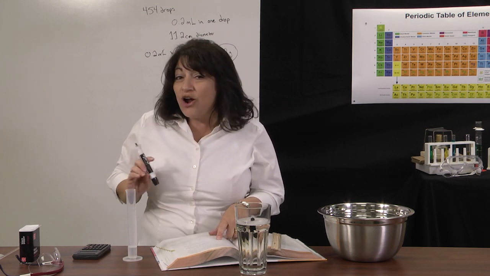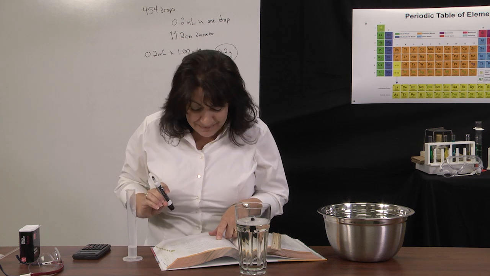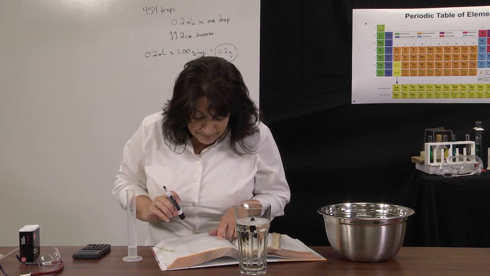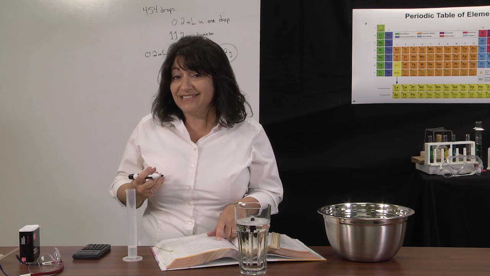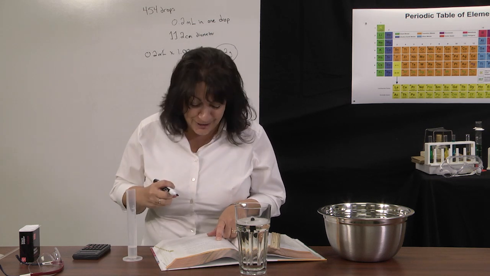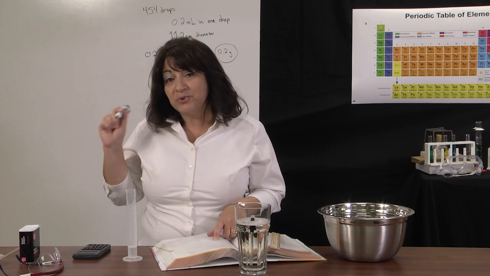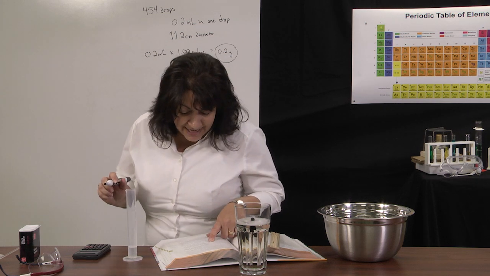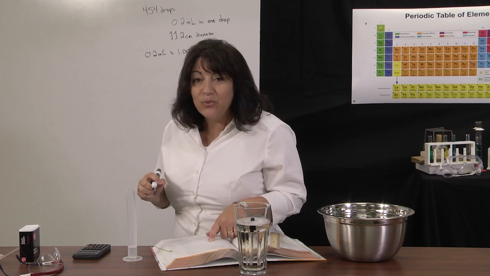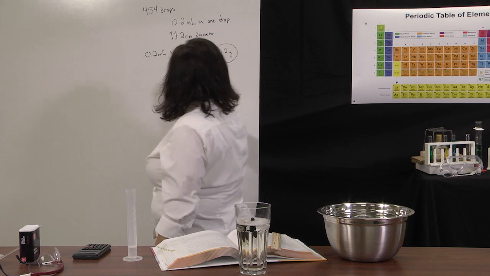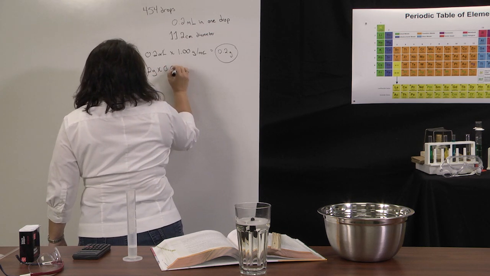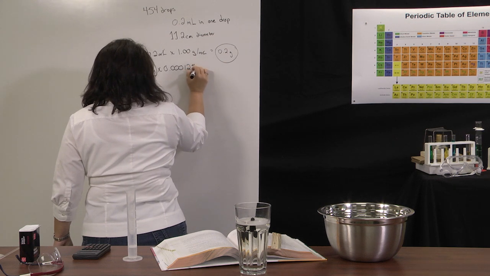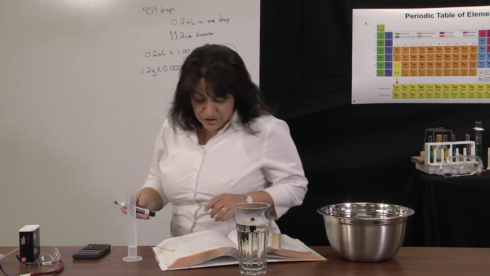Now, not all of that solution is sodium stearate, right? And so what we're going to do is, approximately 0.0125% of that solution is sodium stearate. So we're going to take the number of grams we calculated and multiply that by 0.000125. That's a percentage, so it has no units.